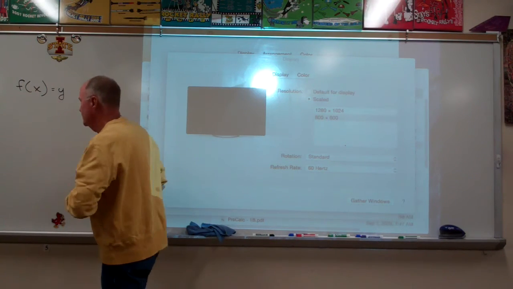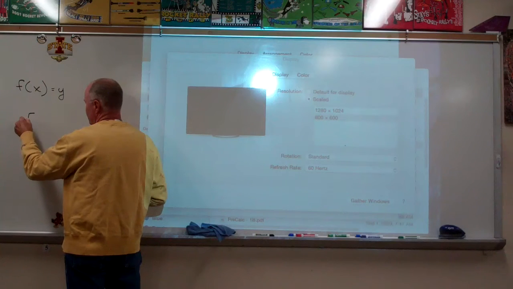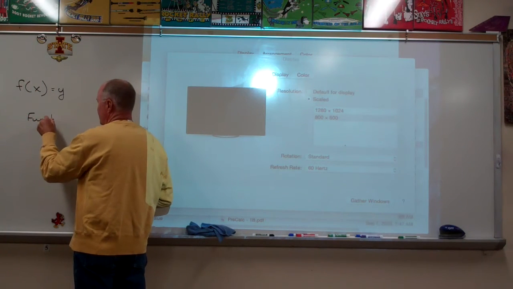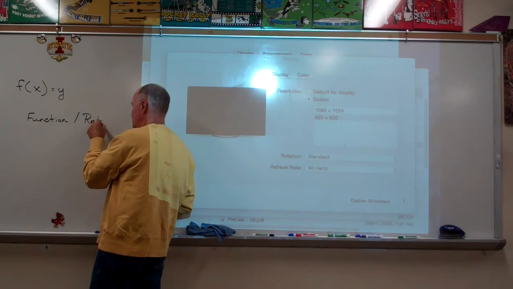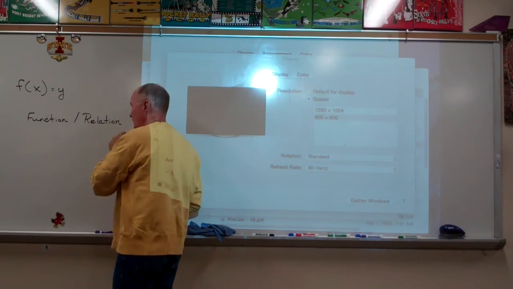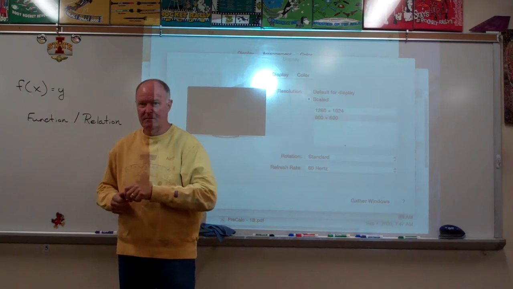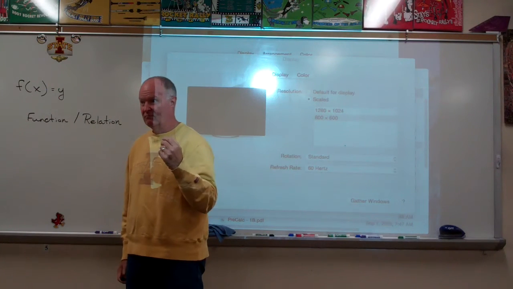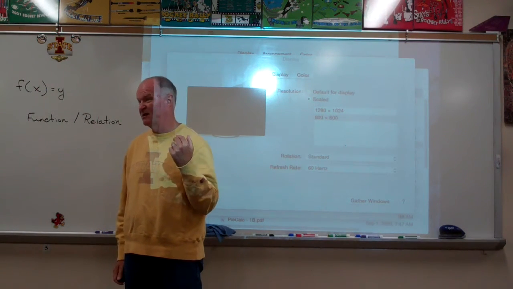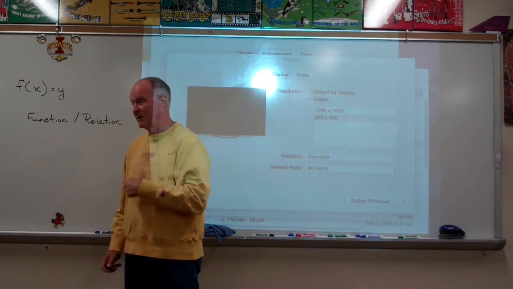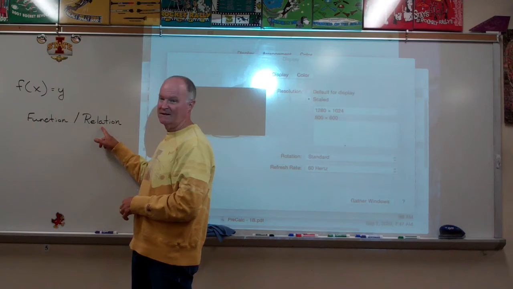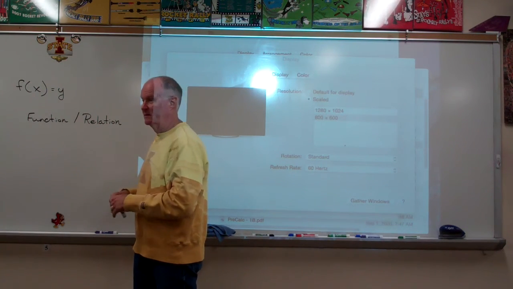The words function versus relation, okay? How many variables are usually involved in what we've been messing with? So far there's only been 2 letters, really, right? X and y. So that means x and y are related somehow, okay?